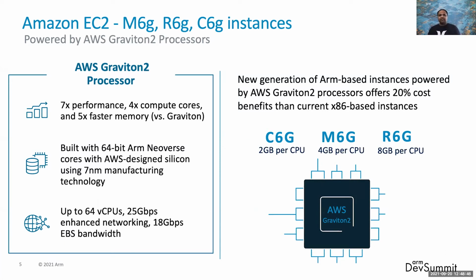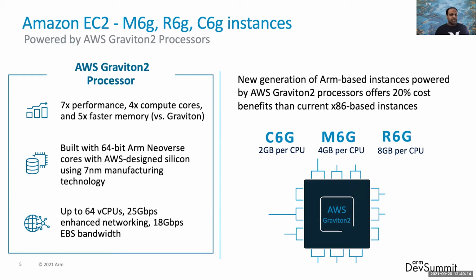So it delivers a major leap in enhancements over the first generation of Graviton processors. And these processors are based on, like I said, a 7 nanometer process, with up to 7x performance, with 4 times compute cores and 5 times memory, with respect to the first generation Graviton processors.